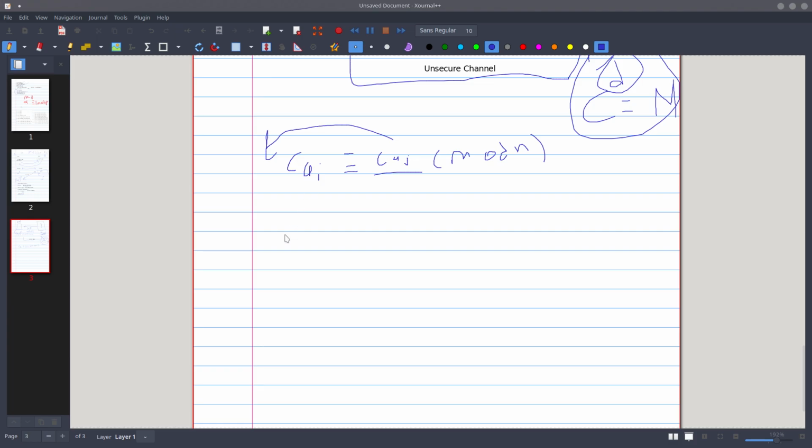What you end up with is c a sub i minus c a sub j is equal to 0 modulo n. And you can actually factor this now. You can factor out the c, and so you're left with a sub i minus a sub j is congruent to 0 modulo n.